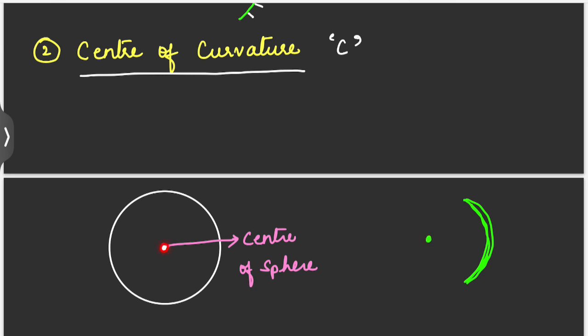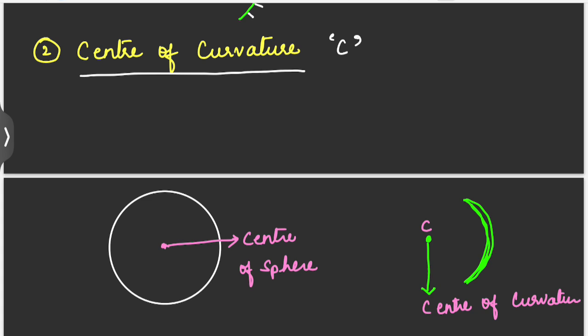We have taken this center and only a part. This is called curvature now. Since we have removed a part from the sphere, this part is called curvature. So now this center we call the center of curvature. This is C, which is nothing but the center of curvature.